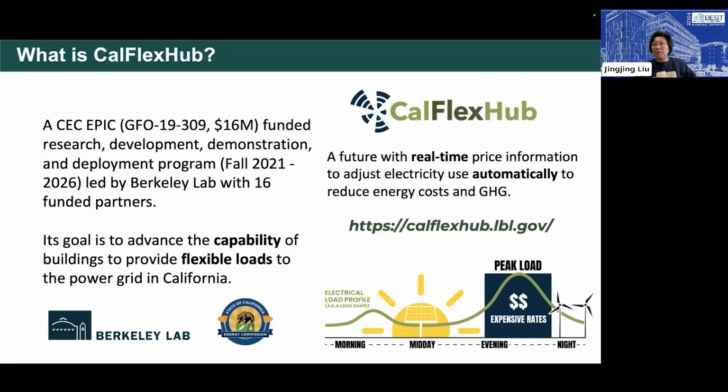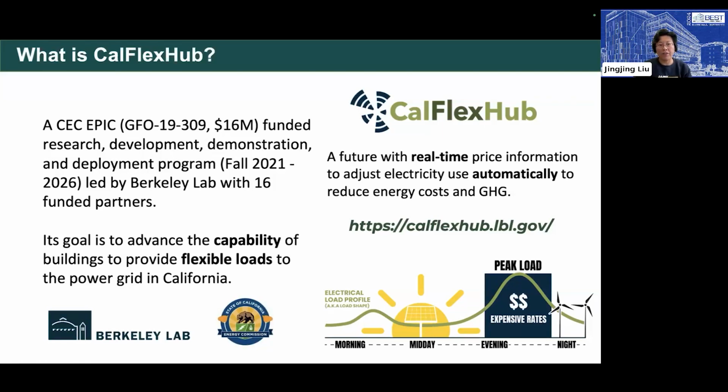using hourly dynamic retail electricity price to motivate load flexibility has been a major strategy in California. It's a multi-pronged strategy that included multiple policies, the goal that you saw, IOU pilots, and also a big effort called the CalFlex Hub, which is funded by the California Energy Commission. It's a RDD&D program.